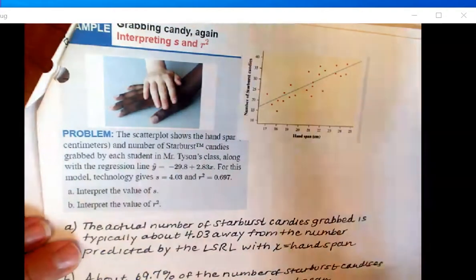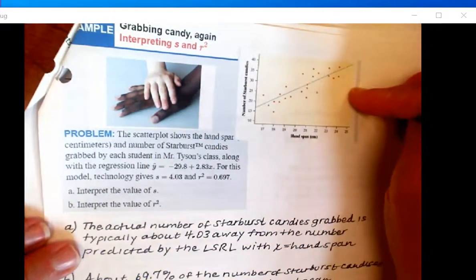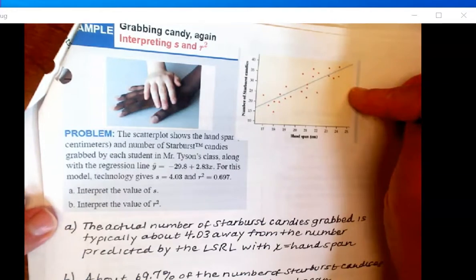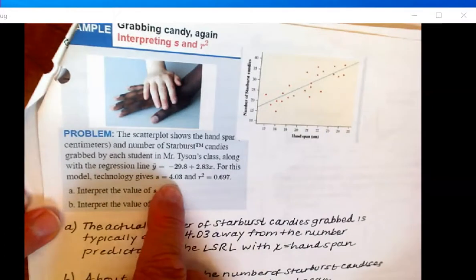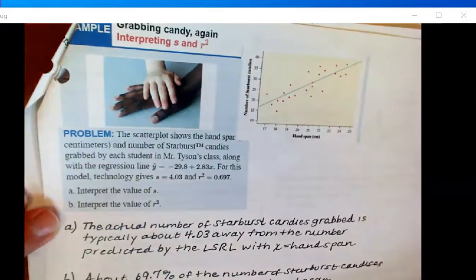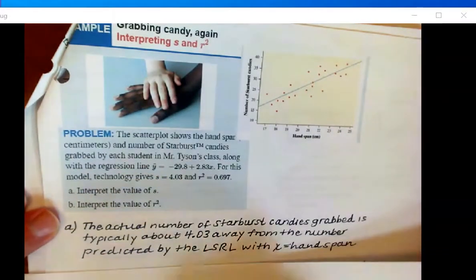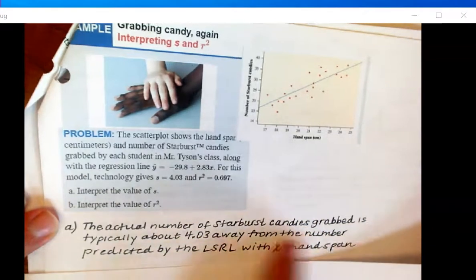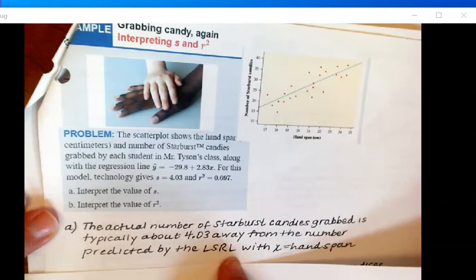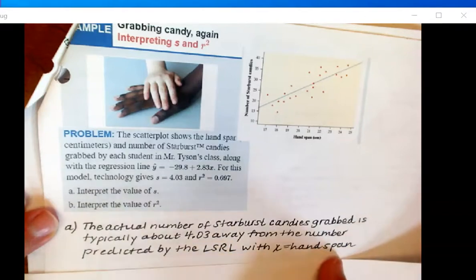Okay, so this is the scatter plot. And if you have to interpret what S means, S is 4.03. So you would say the actual number of starburst candies grabbed is typically about 4.03 away from the number predicted by the least squared regression line, with X being the handspan. So that would be the interpretation of that.